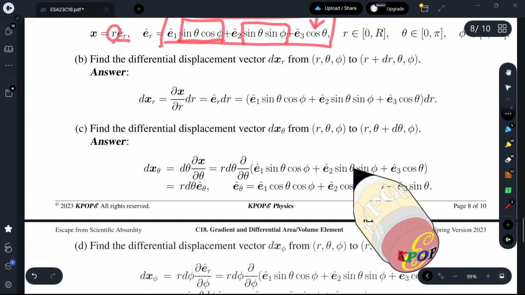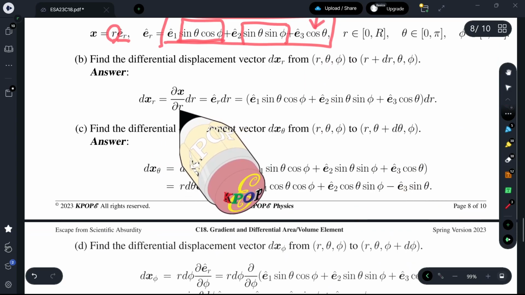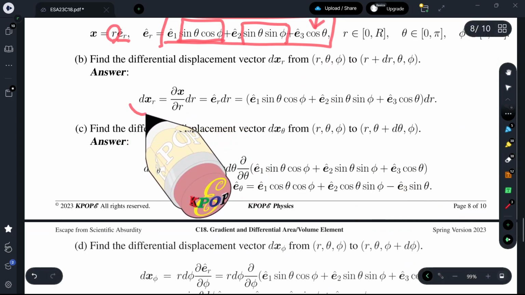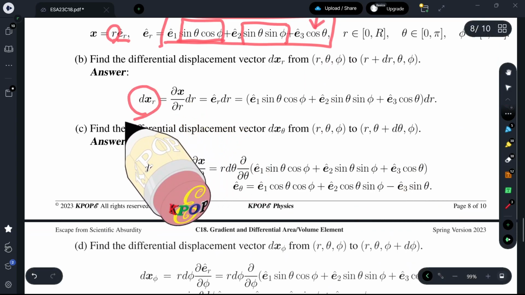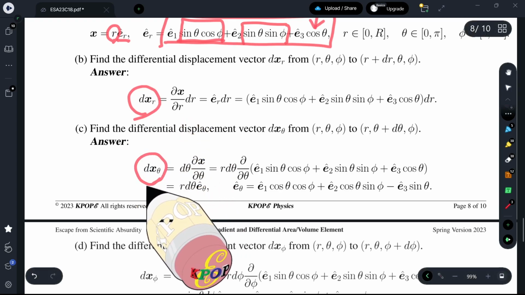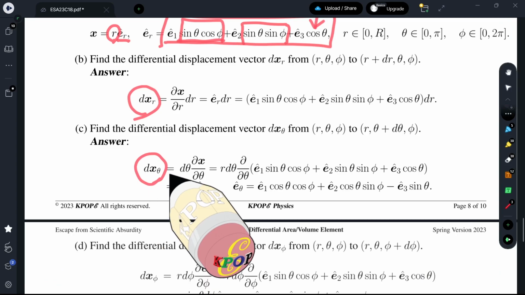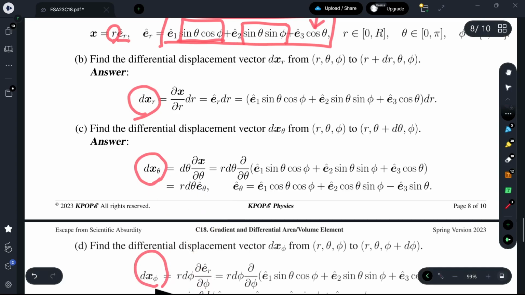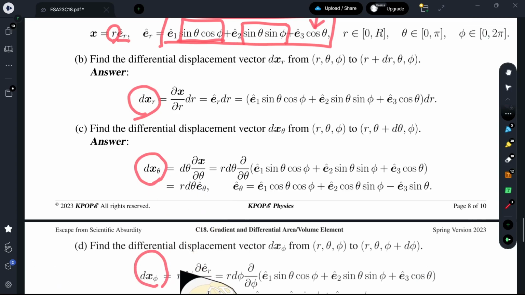Using this relation, I can find the displacement vector along the radius, the displacement vector along the polar angle theta, and the azimuthal angle.